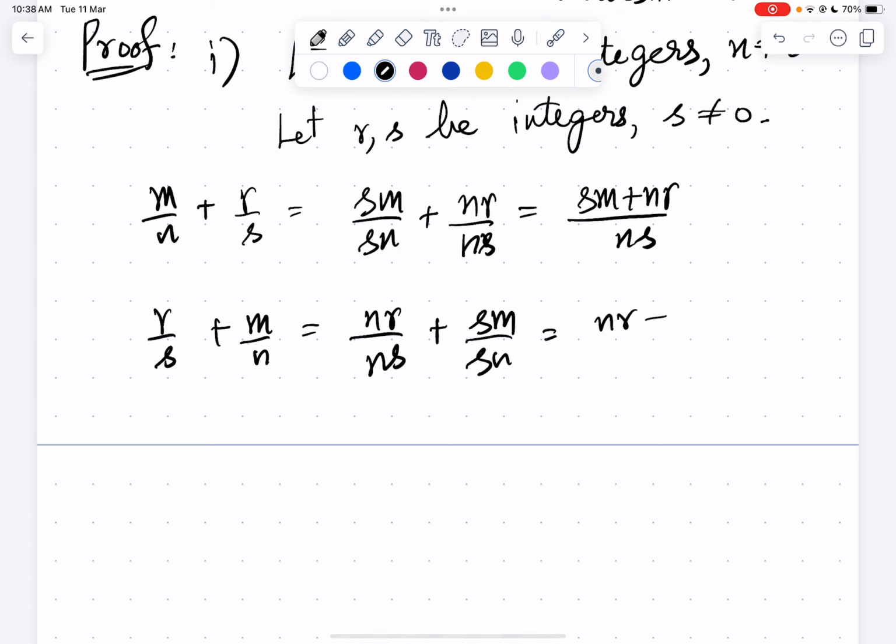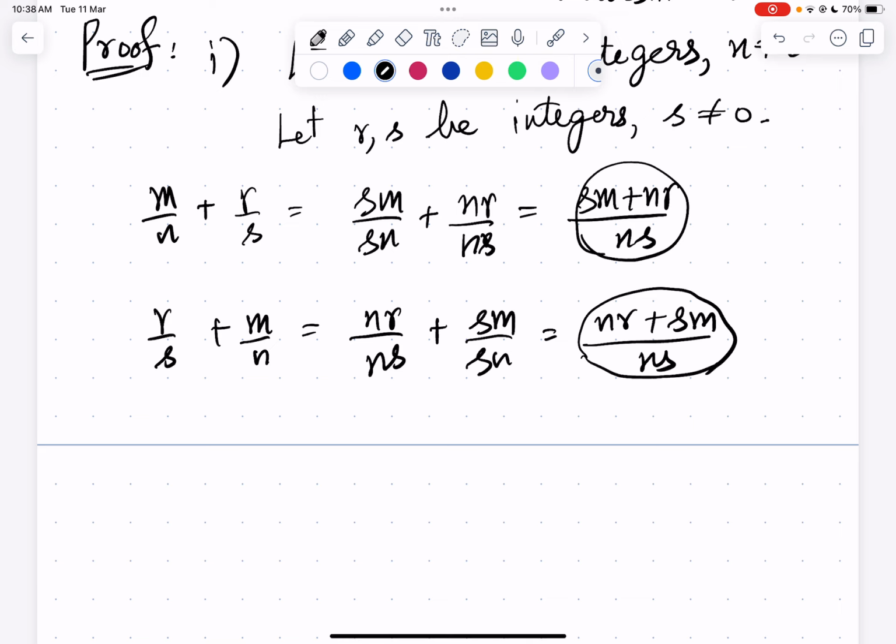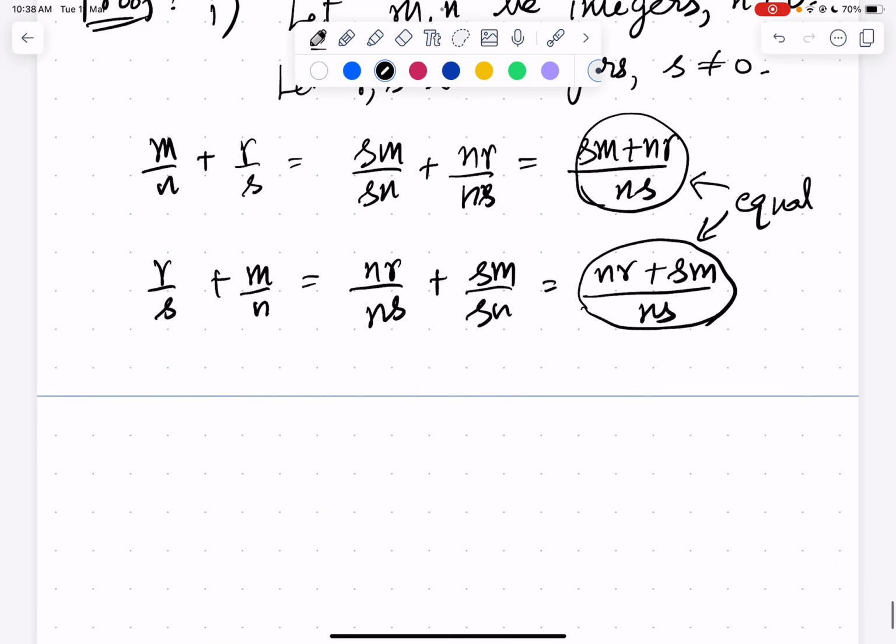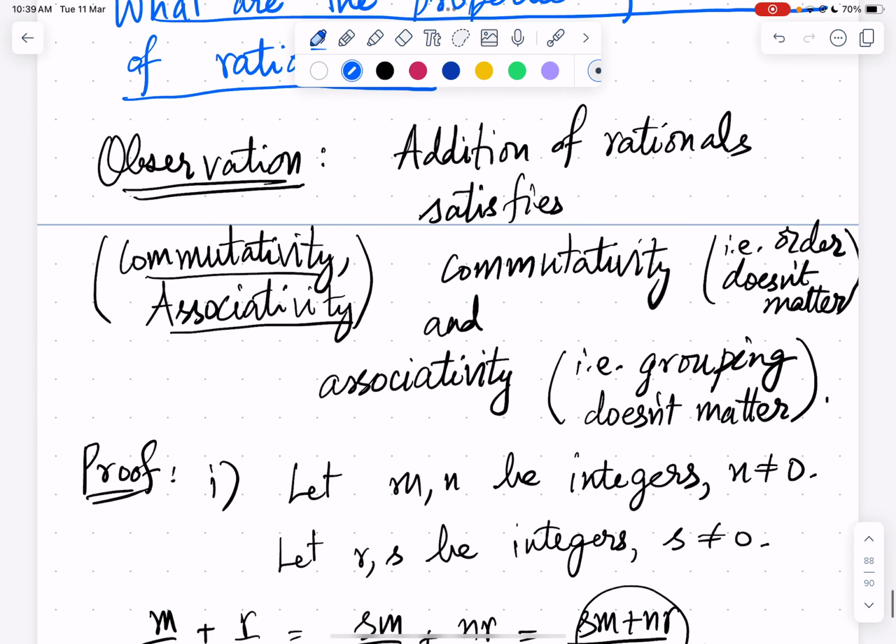This is nr plus sm by ns, and both the quantities are equal. Hence order doesn't matter. That is, m by n plus r by s and r by s plus m by n, these two sums are equal. So addition is commutative. Commutativity we showed. We are left to show associativity.